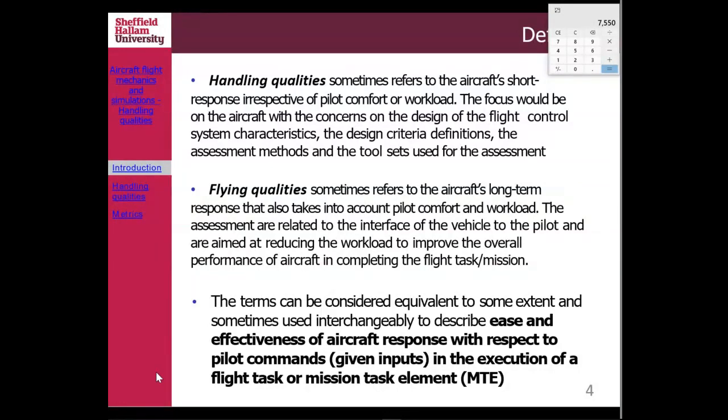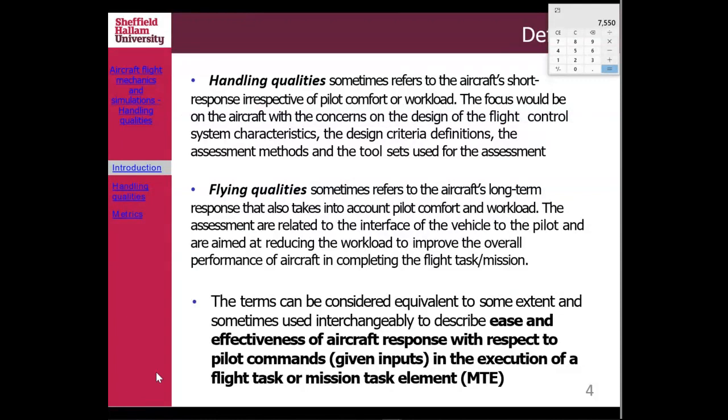Now, handling qualities sometimes refer to the aircraft short-term response, regardless of the pilot workload, obviously. This is about how your aircraft behaves after, as last week we talked about, a perturbation or disturbance, for example. So the focus will be on the aircraft design, concerned with the design of the flight control system, how well it copes if there is a disturbance, for example when your aircraft goes into dynamic motions.